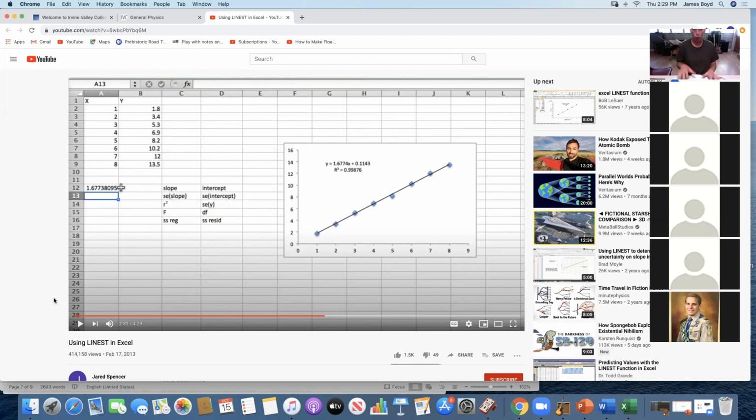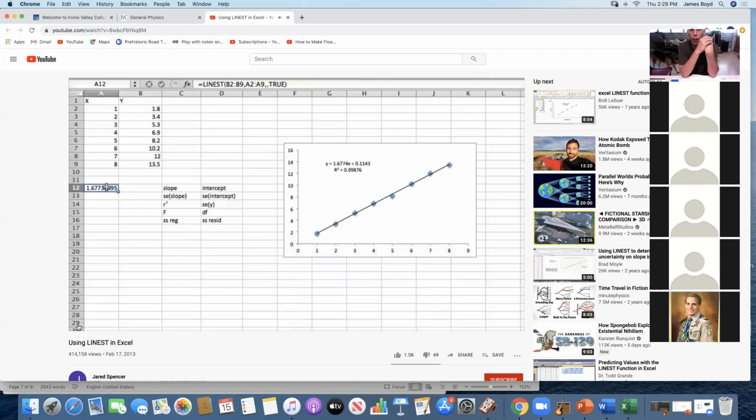I believe it's Control-Return on Mac. I don't know. I think it's Windows-Return on Windows. It's an array formula, which is maybe a little different than you've used before with Excel. And the way these work is that I'm actually going to select a large section here, and this is comprised of 2 columns and 4 rows or 5 rows, depending on how you look at it.